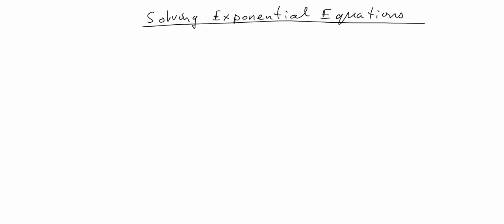An exponential equation is an equation where the unknown x is in the exponent or the power or the index. So for instance, a very simple exponential equation is 2 to the power of x equals 3. To solve it, we want to find the value of x. Well, a very simple way of doing this, we could take logarithms of both sides to a base that we can find, like base 10.